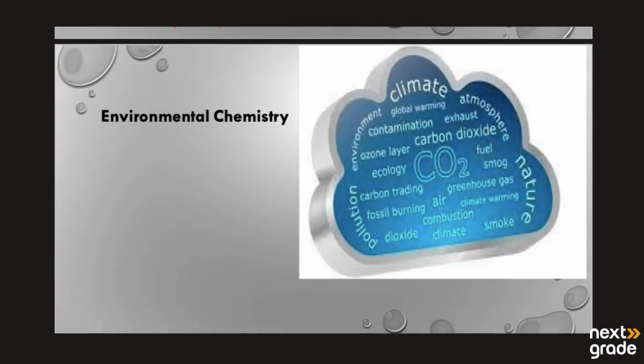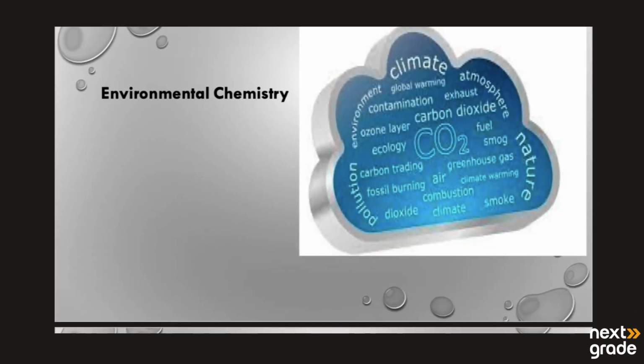Next, we have the branch that is environmental chemistry. So, as the name shows, environmental means it is related to the environment. So, basically, by definition, it is the branch of chemistry in which we study about the components of the environment.